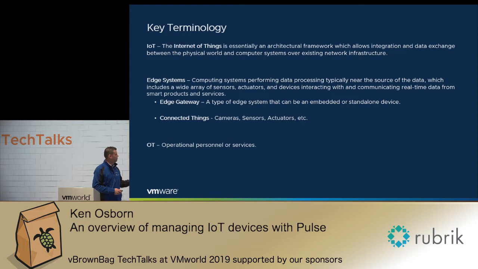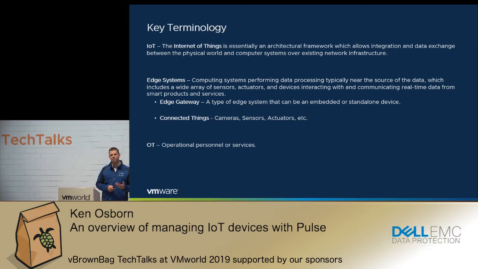I really love this IoT definition. It essentially defines IoT as combining the physical world with computer systems to distribute data over existing networks. So not overly complex, and maybe not unlike what you're already used to in the data center, but where it starts getting interesting at the edge is when we introduce edge systems.